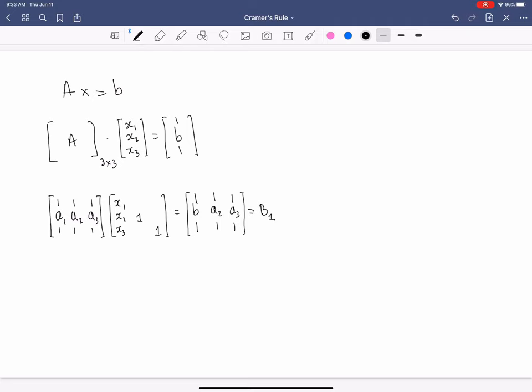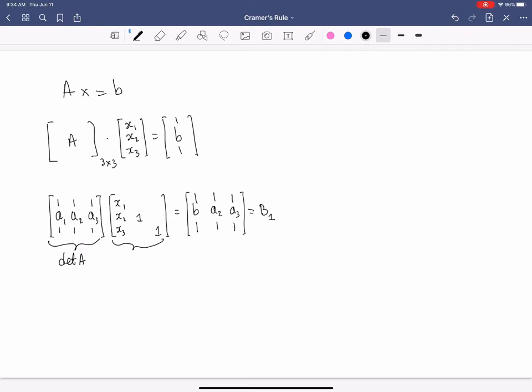Now, if I take determinants, so I have a product of two matrices on the left-hand side equal to another matrix on the right-hand side. I know that the determinant of a product is the product of determinants. Now, the determinant of this matrix is just determinant of A. The determinant of this matrix is the product of terms along the diagonal.